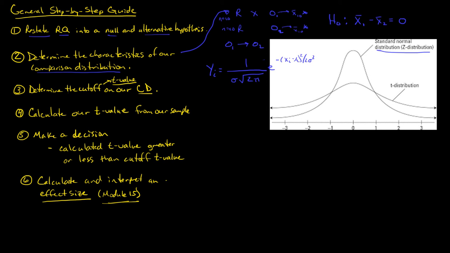Point being here is that this line right here, the standard normal line, doesn't change, and we're familiar with the center point of this being 0. Again, we have a z-score of 0.